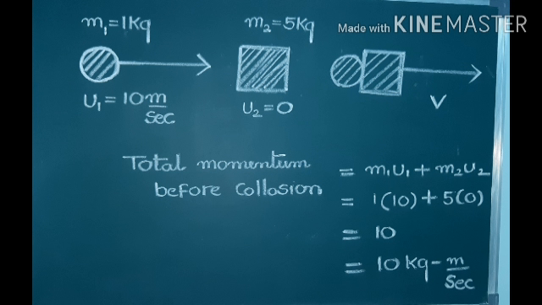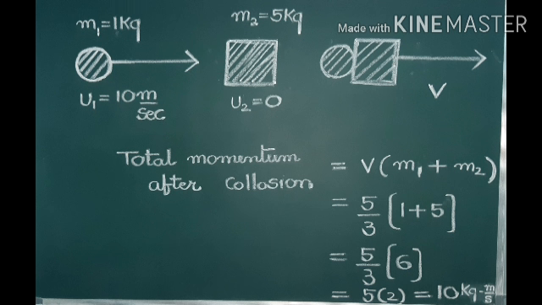Now we are going to calculate the total momentum before collision. What we have discussed: the total momentum before collision is m1 u1 plus m2 u2. Substitute the values: 1 into 10 plus 5 into 0 equal to 10 kg meter per second. Next, total momentum after collision is v into (m1 plus m2).